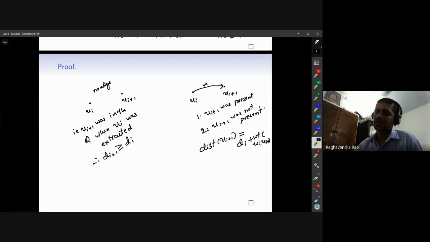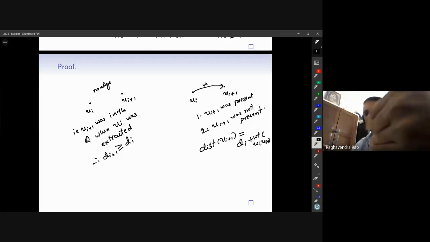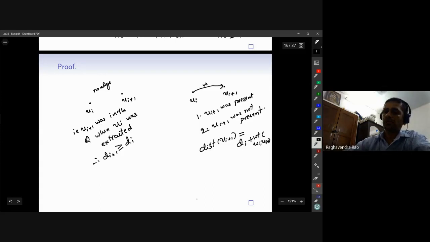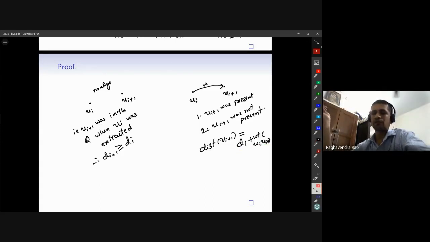So in either case, when we extracted ui, distance of ui plus 1 as per the queue is greater than distance of ui. The only possibility that it can go bad is you would have updated it through decrease key. But even if you do a decrease key, this is going to be the weight, which is greater than di or distance of vi.